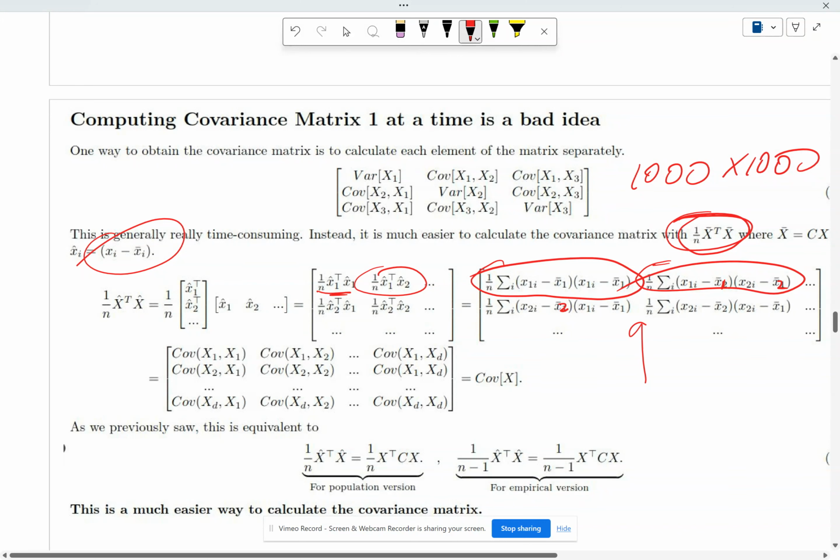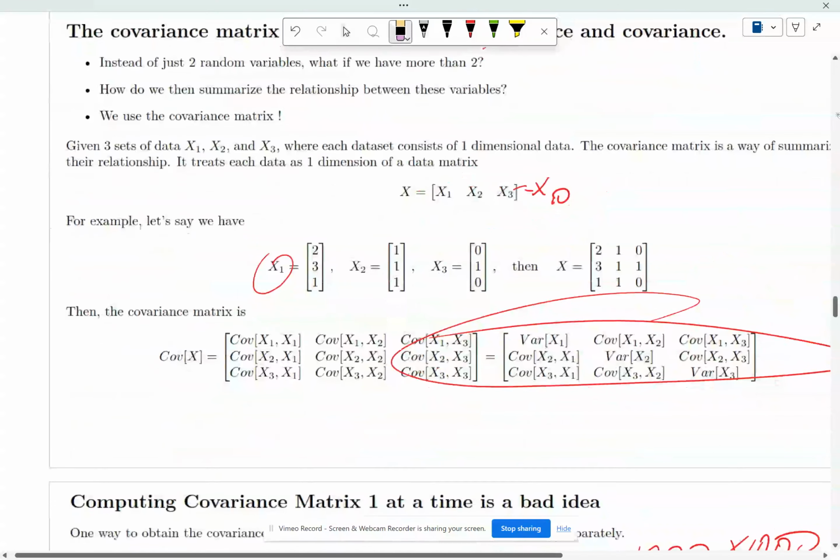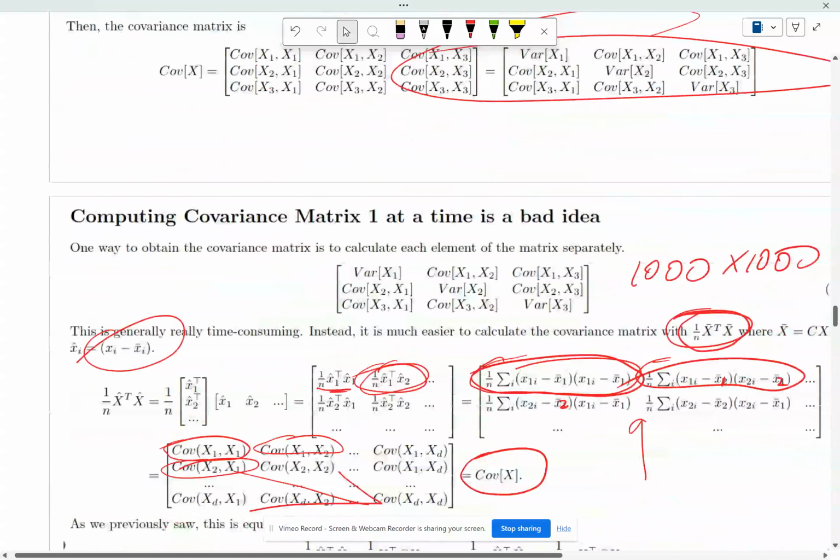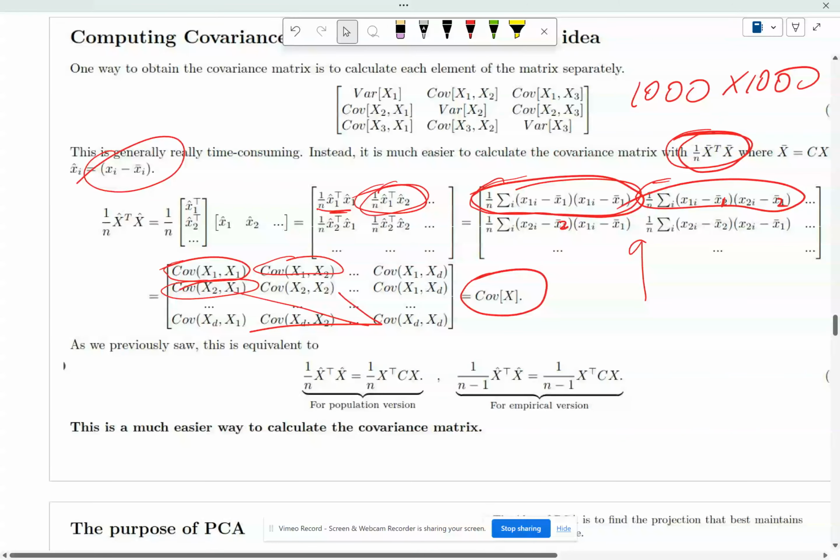When you actually multiply this out, you get the definition of covariance, and you end up getting covariance 1,1, covariance 1,2, covariance 2,1, and so on. Therefore, if X is a matrix, you can just call this the covariance of X, where X has three dimensions. So that's the covariance matrix.